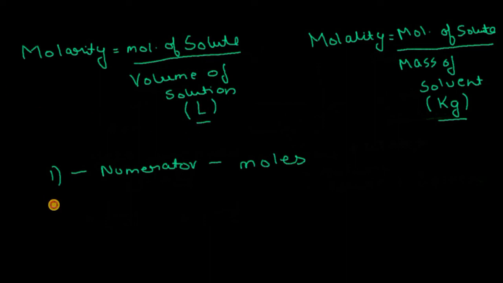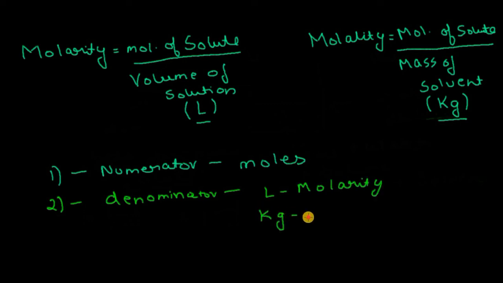The second point that we need to remember is the denominator. The denominator must be in liters for molarity and kilograms for molality. So just make sure of these two things. No matter which quantity they have given you the data in, bring it into liters for molarity and kilograms for molality. If you remember these two, calculating molarity and molality will be the easiest thing in chemistry.